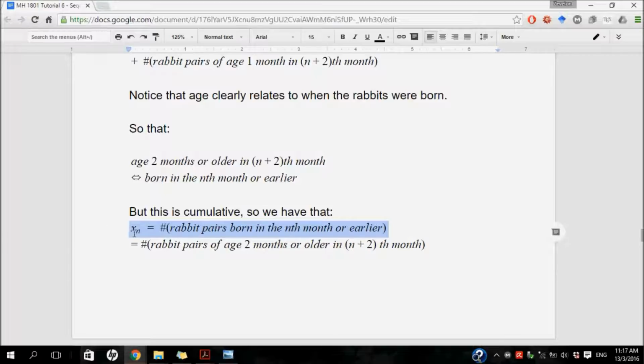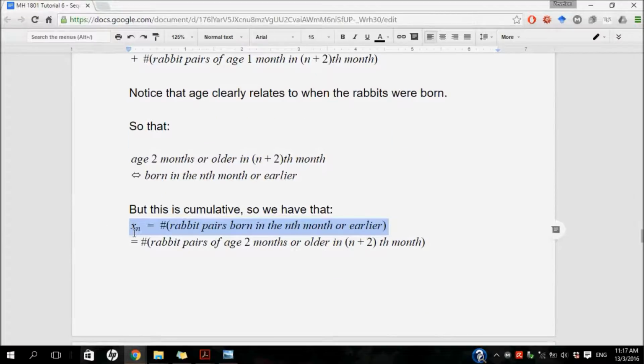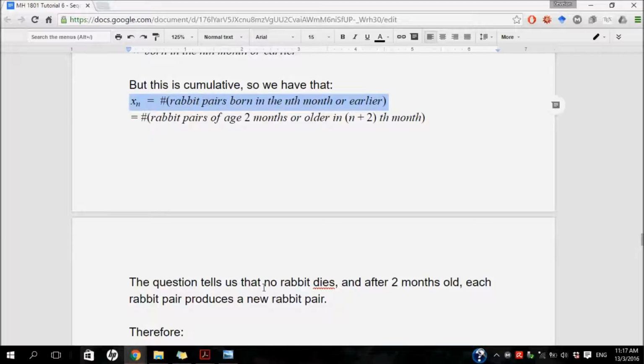into the nth month itself. That's because, as you see from the question, no rabbits will die, and after 2 months each rabbit pair produces a new rabbit pair.